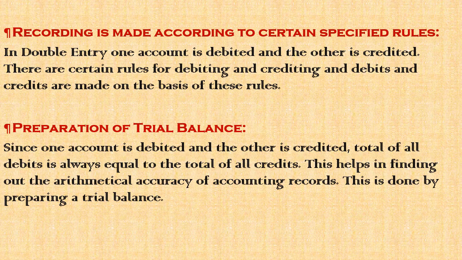So, for the double entry system you have used for journalizing, you have debited one account and credited the other, and when you total all the debits, they will always equal all the credits. By preparing a trial balance, we can find out whether you are arithmetically correct in recording your accounts or not.